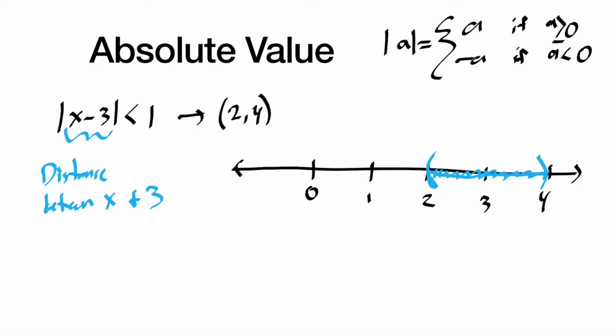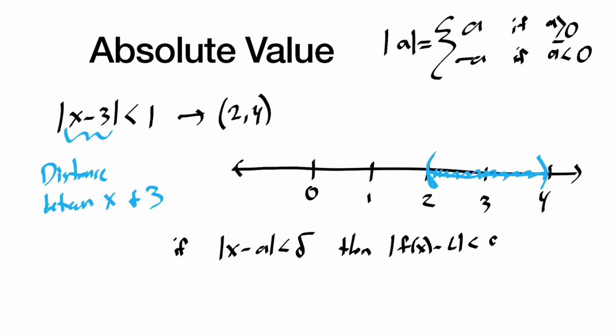And to me, this is a really nice way of thinking about what these absolute values are. And as we think about absolute values as measuring distance, then maybe some of the definitions we've been going through from the start make a little bit of sense. So we see the definition we had last time, where if absolute value of x minus a is less than delta, then absolute value of f of x minus L is less than epsilon.